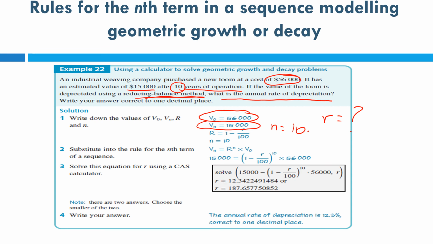So what we're trying to do here is solve this once you've plugged it into the formula. And then you put that into the calculator like this. Solve 15,000 minus open bracket 1 minus little r on 100, all to the power of 10 times 56,000. That was the principal amount. Comma r, enter, and you're going to get r is equal to 12.34. Exercise 8F. So have a go at all of the questions in exercise 8F, and if you have any questions, we'll go through them as required.